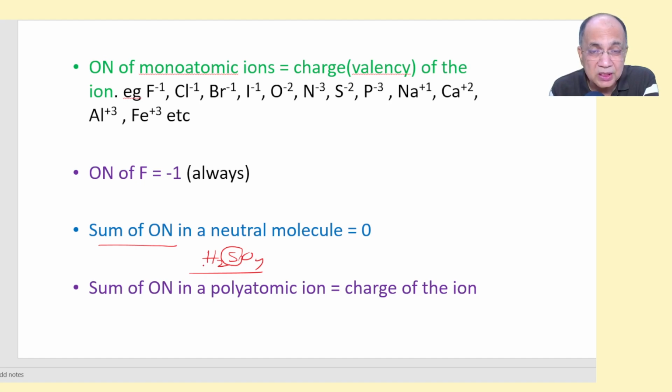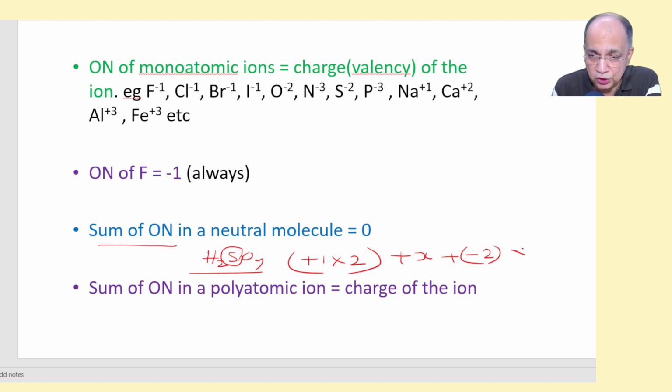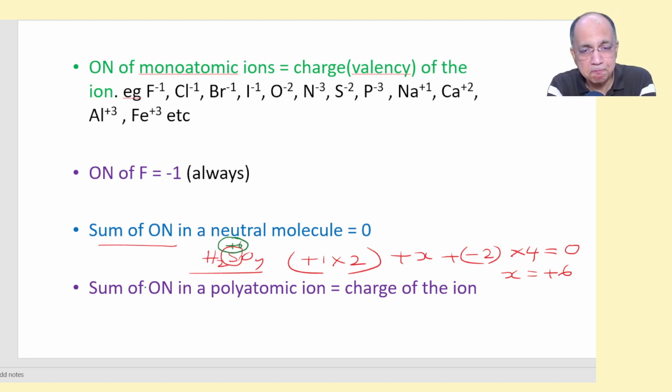If hydrogen is +1 for 1, then for 2 it is +2 plus X for sulfur, and if -2 is for 1 oxygen, rule number 2, then there are 4 oxygen, the total is -8. So the sum will be equal to 0, so X will be equal to +6. So you can write down on the top of the atom it is +6.